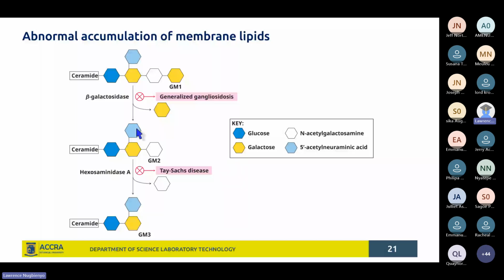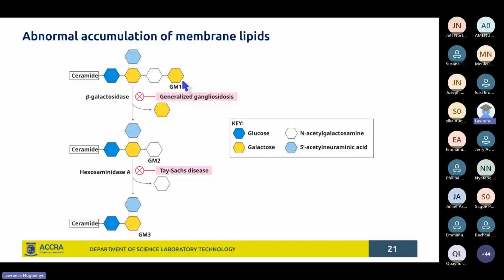And if you have this beta galactosidase deficiency, which is a genetic disorder, then what it means is that you will not have this reaction, which is the breaking off of that terminal galactose residue, which also means that there's going to be an accumulation of the membrane lipid GM1 in the system.